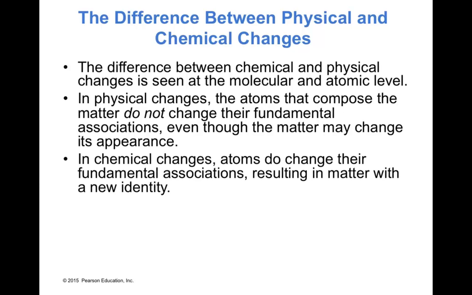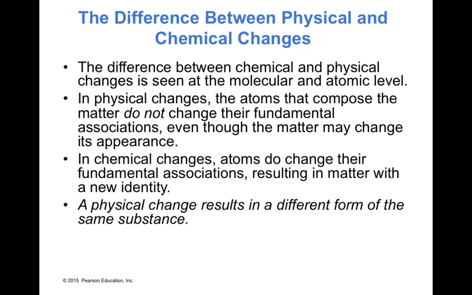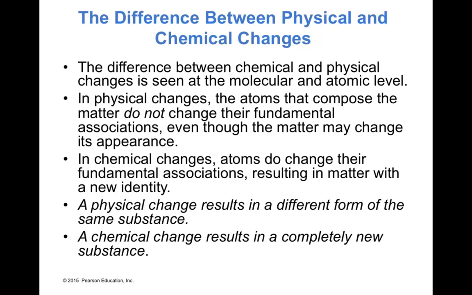In chemical changes, atoms do change their fundamental associations, resulting in matter with a new identity. A physical change results in a different form of the same substance. A chemical change results in a completely new substance.